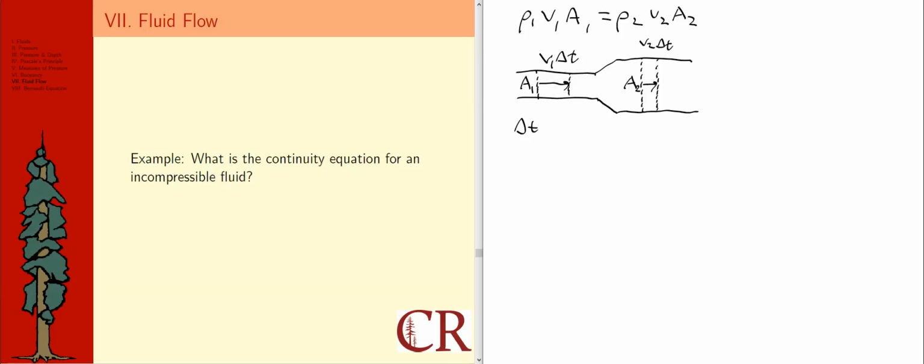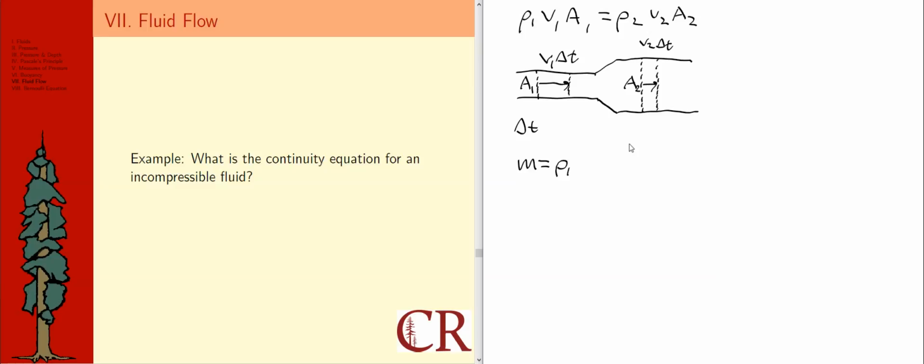But if I claim that the same amount of mass flows past a point in the pipe in a certain time delta T, regardless of where you are, then if I go over here and ask what would that mass be? I'm going to say M would be equal to the density of the fluid multiplied by whatever volume corresponds to the region between these two dotted lines I drew.